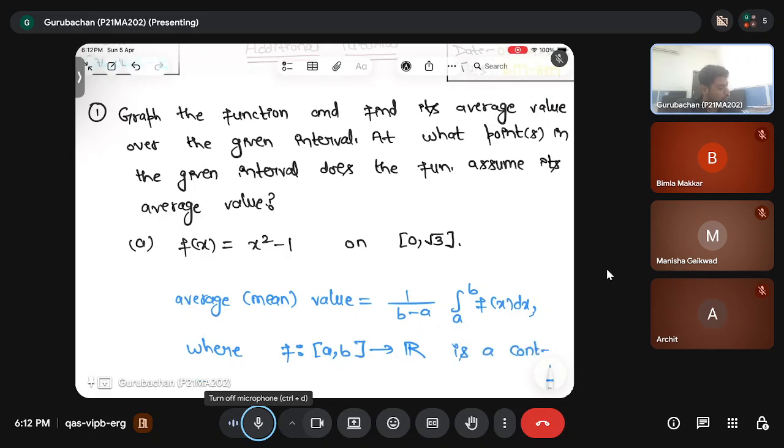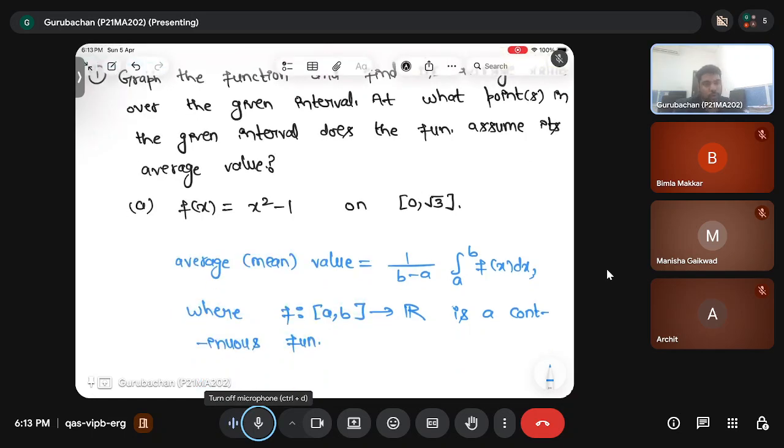Only in that case we can do the integration. First draw the graph of this function, then find its average value, and then see for which values of x f(x) gives you that average value. So quickly do it.